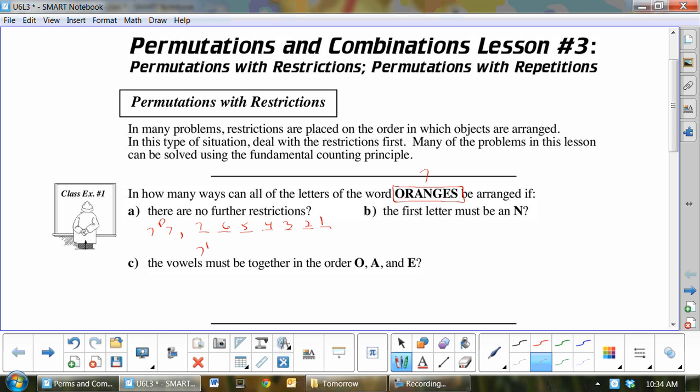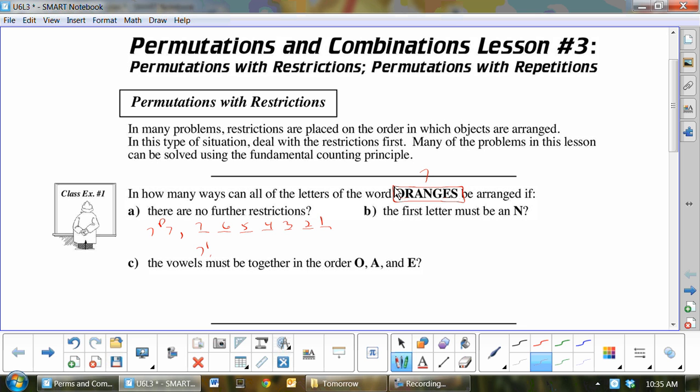7 factorial. When am I allowed to use 7 factorial? When what? No, but we did that. Okay? What if I just said, I looked at this question, I'm going to go, that's 7 factorial. Why? If you can't answer why right now, that might explain a couple things. Why can I use 7 factorial?